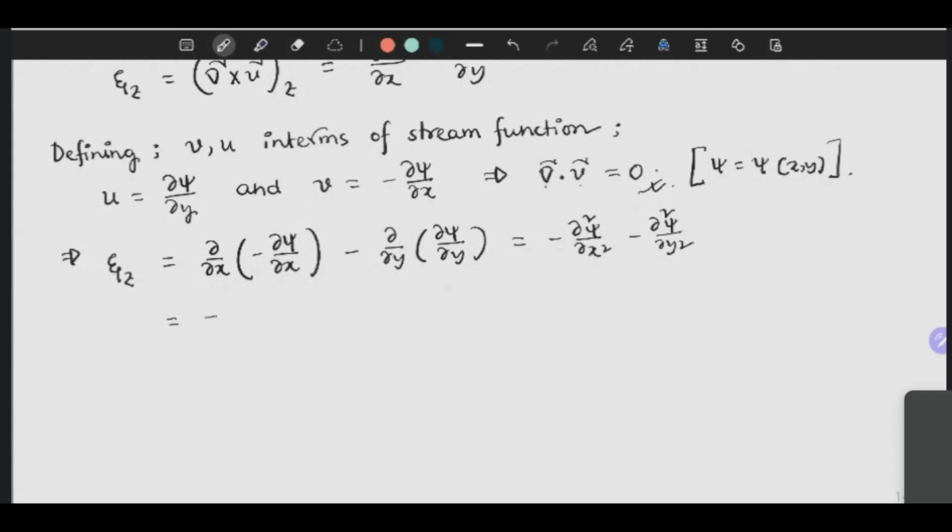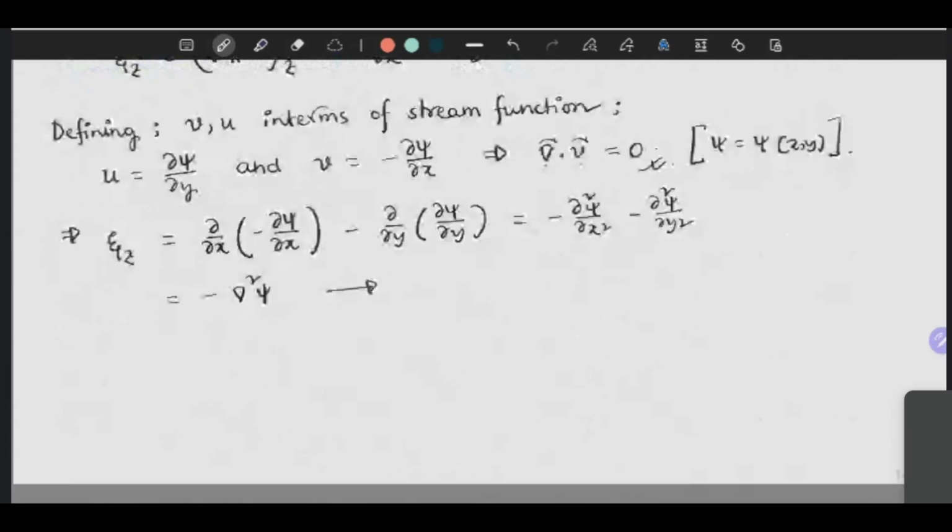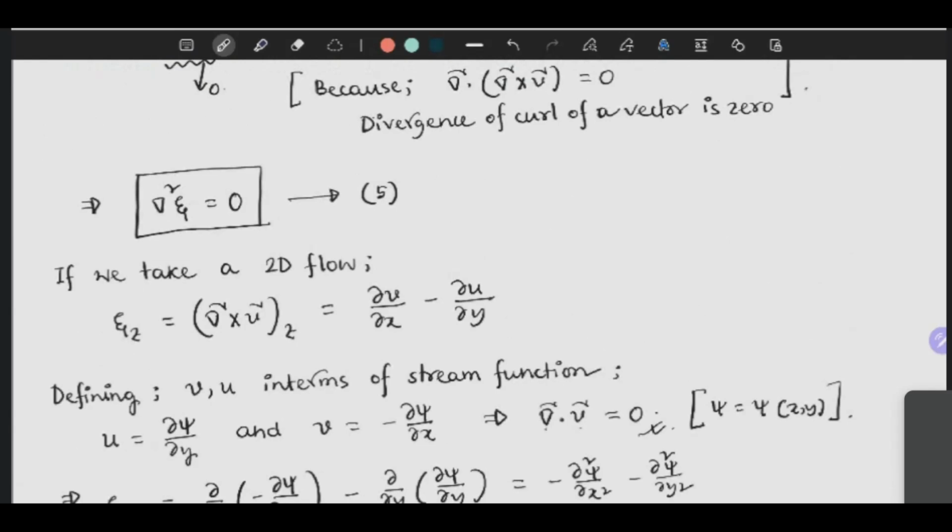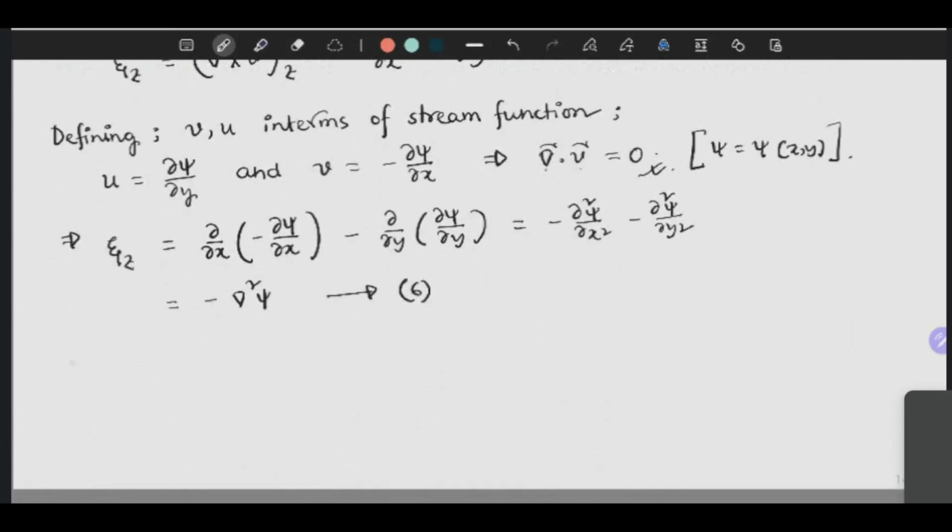That becomes the Laplacian of psi. So let's say this is equation number 6. And in equation number 5 we got this. So from there we can write that the Laplacian of the Laplacian of psi will be 0.